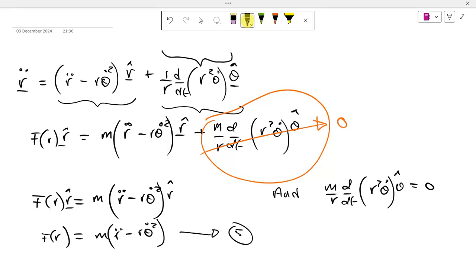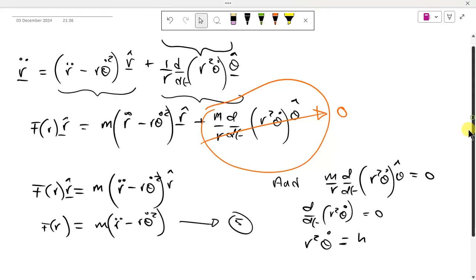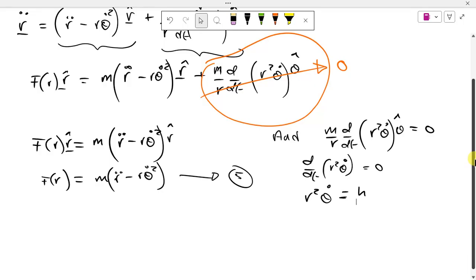So therefore d by dt of r squared theta dot is equal to 0. And if you integrate both sides of this, you find that r squared theta dot is equal to a constant, which we call h. You might be familiar with that. That is the rate of change of angular momentum is a constant. Is that right?